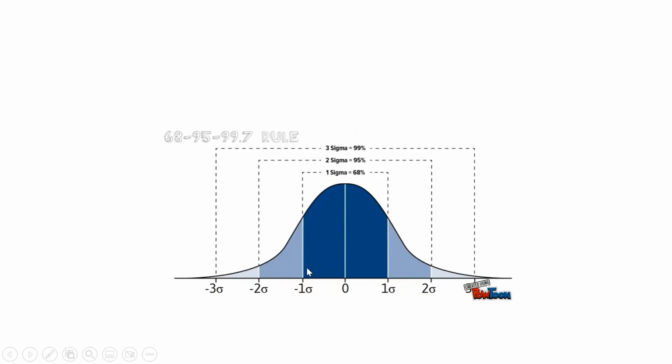The 68, 95, 99.7 rule says that if 100 persons do the same research, or if that research is repeated 100 times, 68% of the results will fall between the mean and the first standard deviation, while 95% of the results will fall between the mean and the second standard deviation.